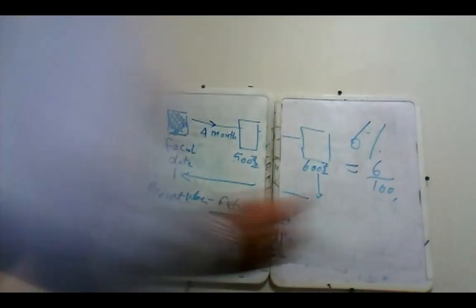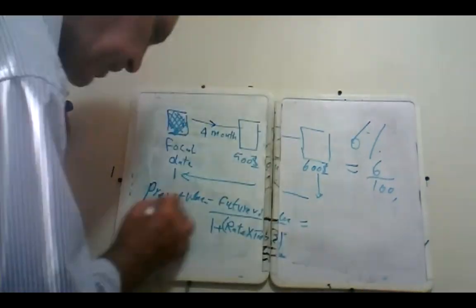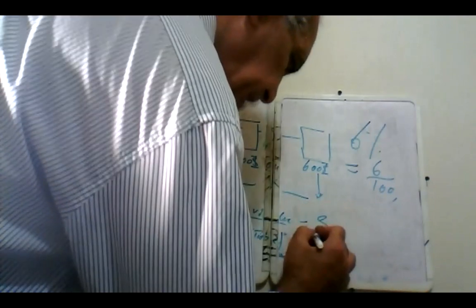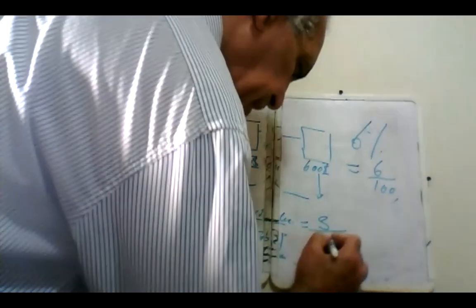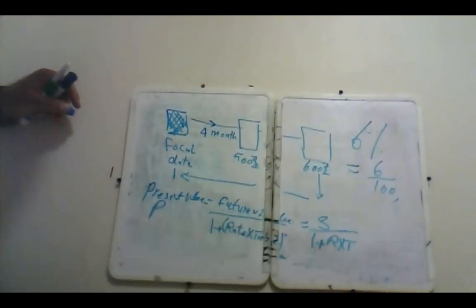So we call the present value P, P equals the future value, which is S, divided by 1 plus R by T. R is the rate, T is the time, and S is the future value.